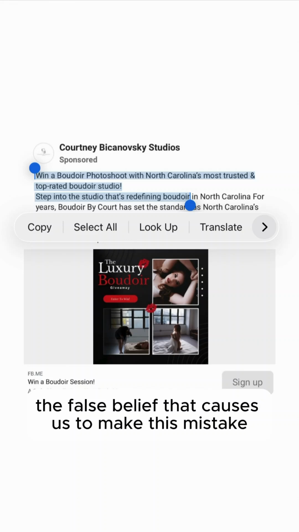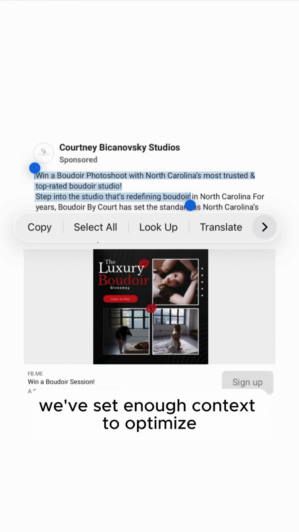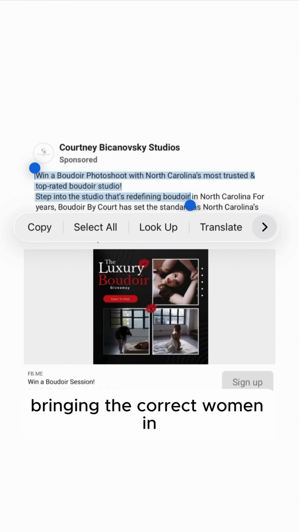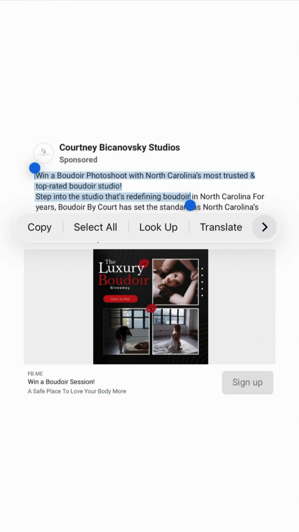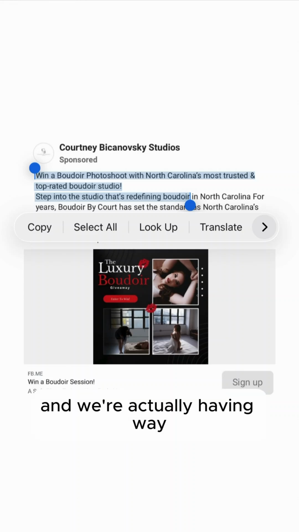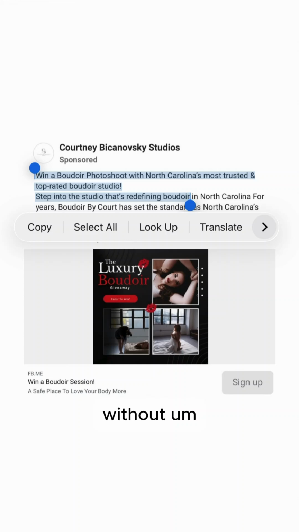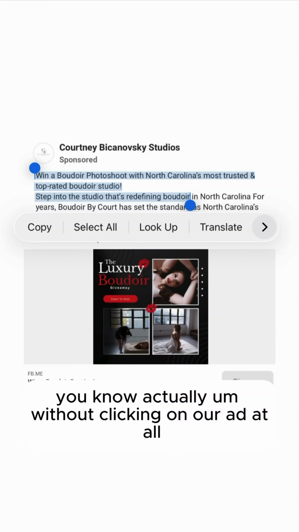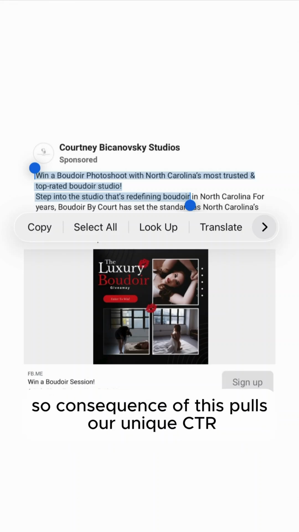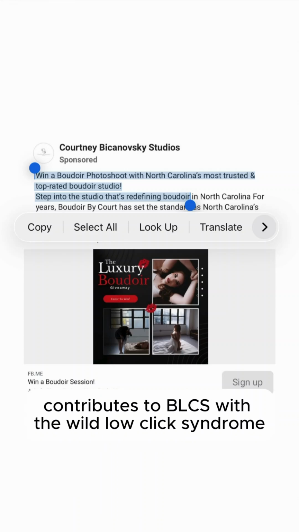The false belief that causes us to make this mistake is that we actually believe that we've set enough context to optimize bringing the correct women in, clicking on our ad, when in fact we didn't reach that goal, and we're actually having way more women scroll by our Boudoir Facebook ad than is necessary, without actually clicking on our ad at all. So the consequence of this pulls our unique CTR under 6%, contributes to BLCS, Boudoir low click syndrome.